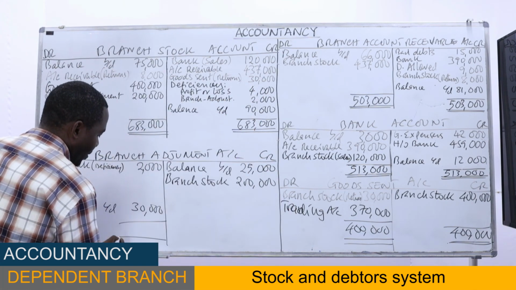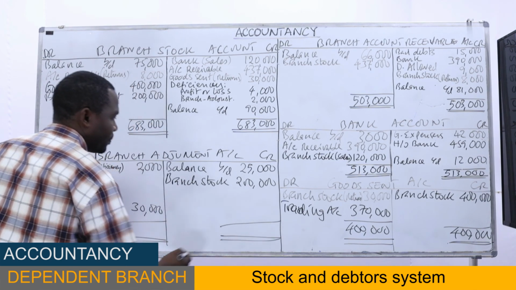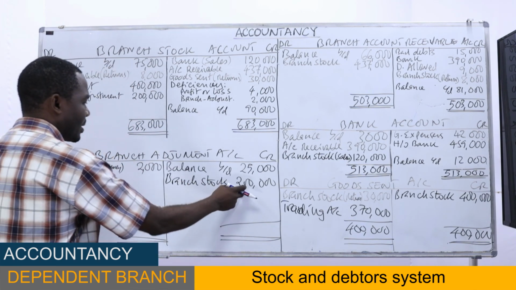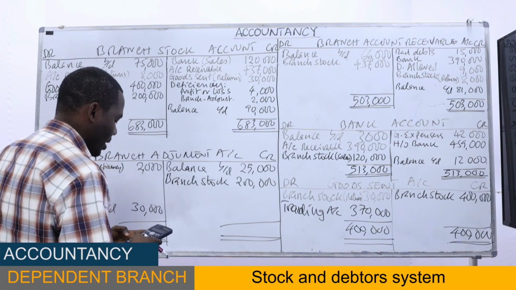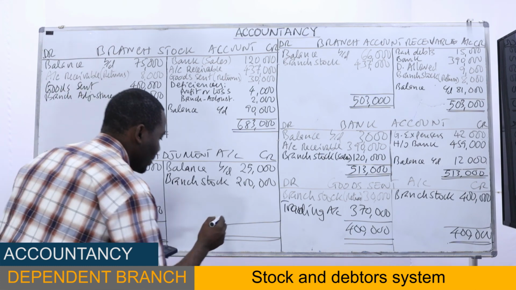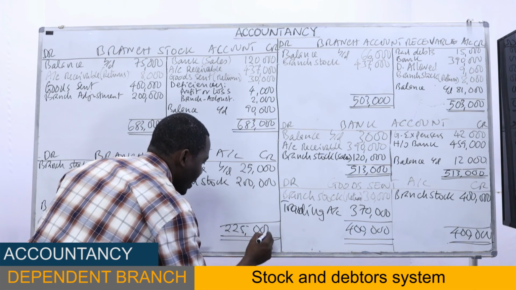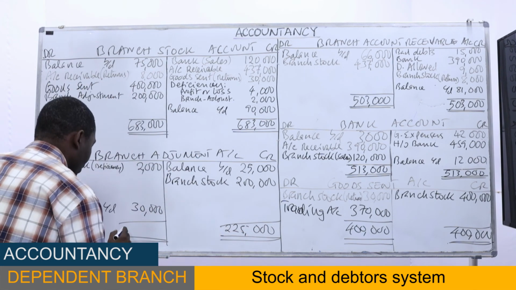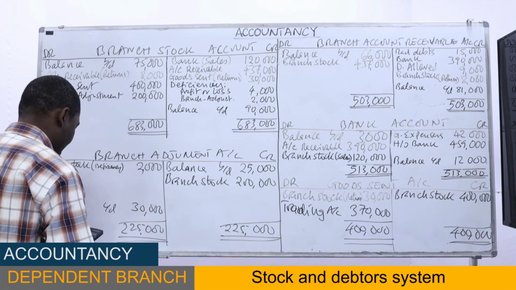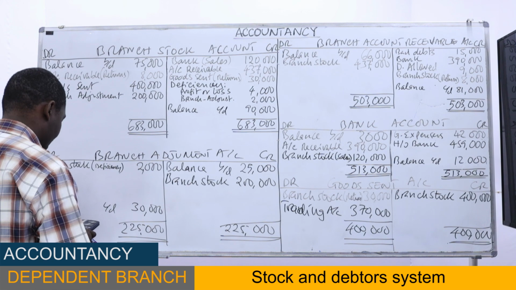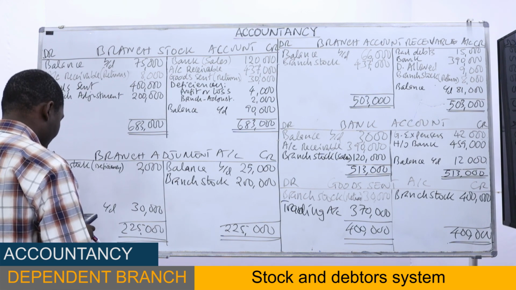Then we balance this to get the gross profit. Automatically this side will be greater. 200,000 plus 25,000, we get 225,000. 225,000 less 30,000 and less 2,000.